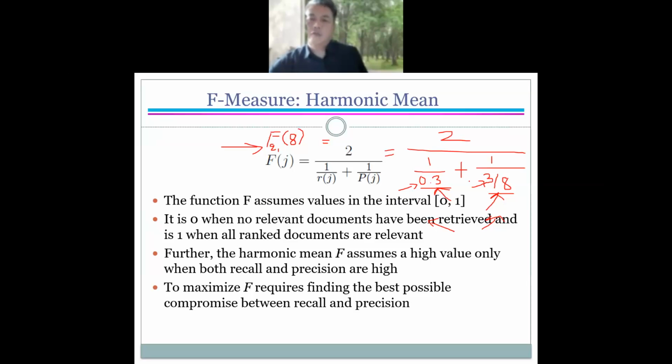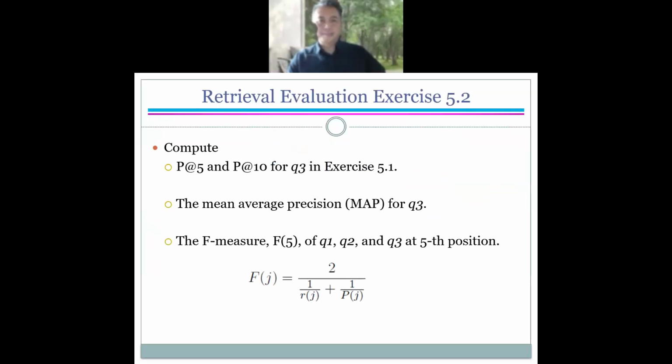So you need to have both to have a high score. The F measure is just a way to combine the precision and recall and make a single number to indicate the performance of the IR system.